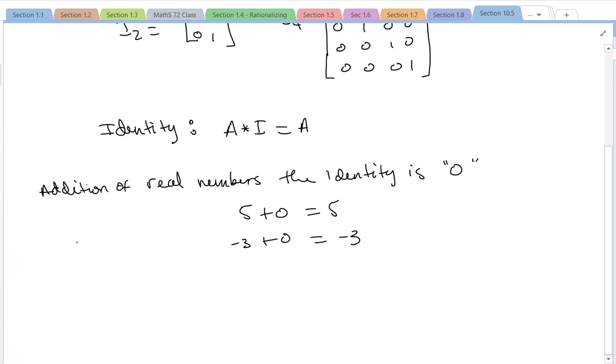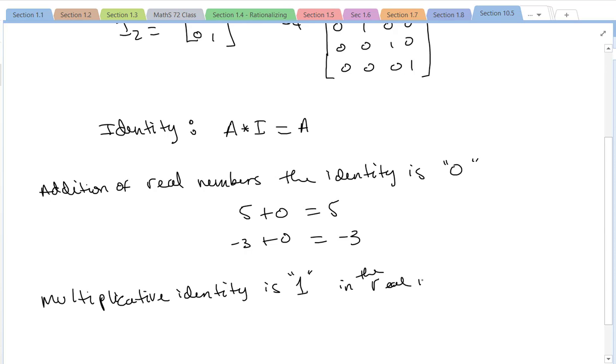For multiplication of real numbers, the identity is 1. So we say the multiplicative identity is 1 in the real numbers. And so using the same numbers, I will say 5 times 1 is 5.